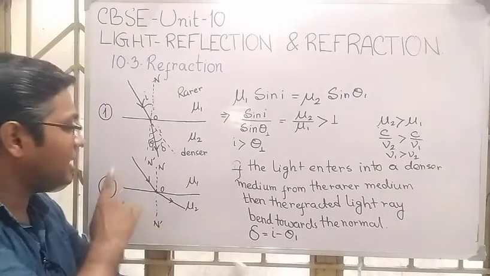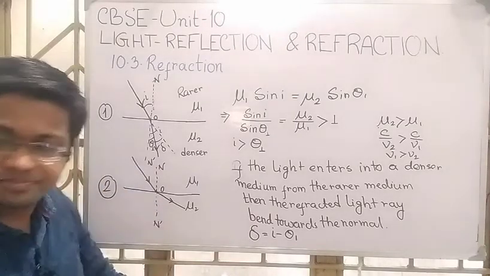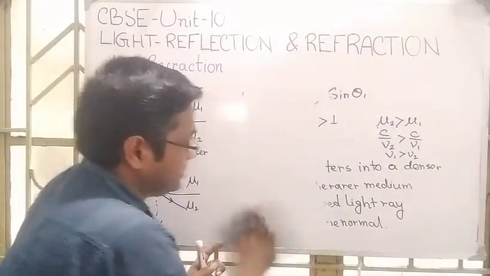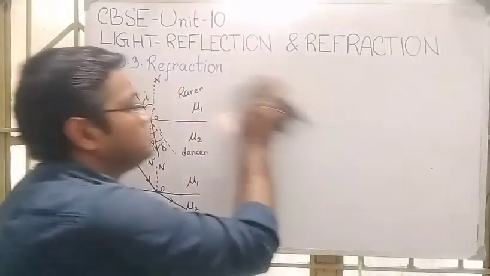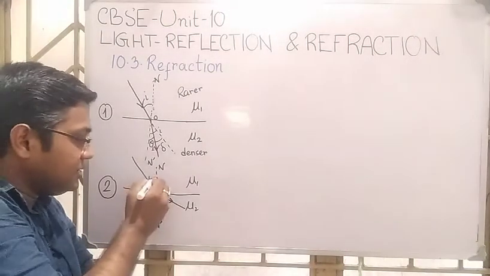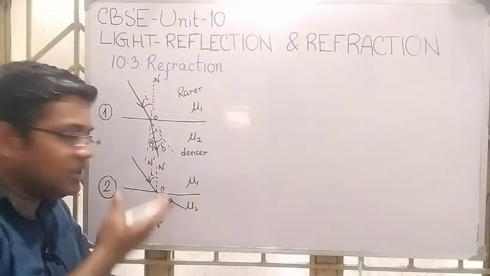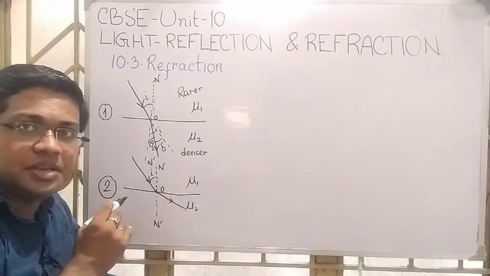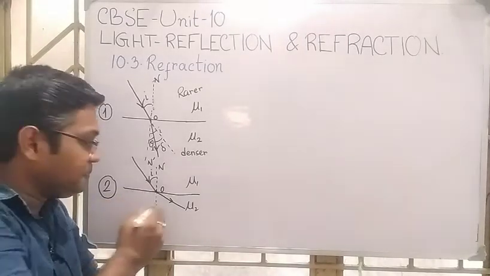Now let us analyze diagram 2. Let us consider the angle of incidence. Let the light fall on the interface separating the two media mu1 and mu2 at the same angle i.